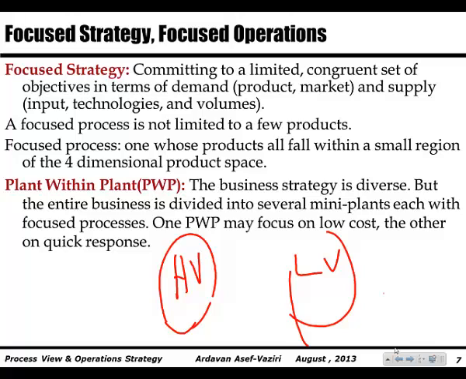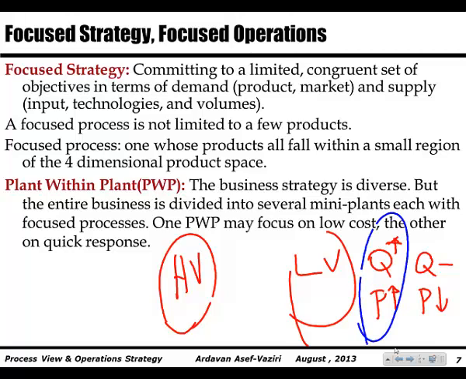If we have very high quality, very expensive products and average quality and low price products, our company can produce both these families, but this one should be handled in one plant, this one in another plant.